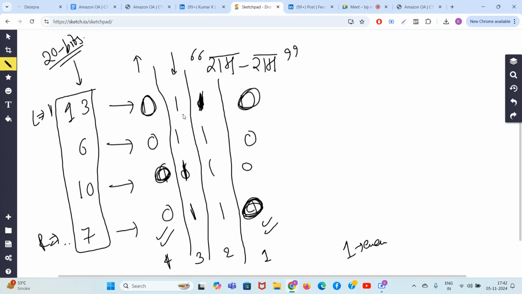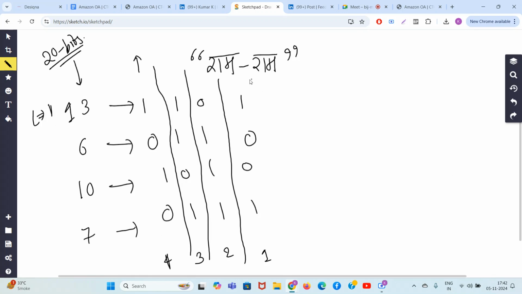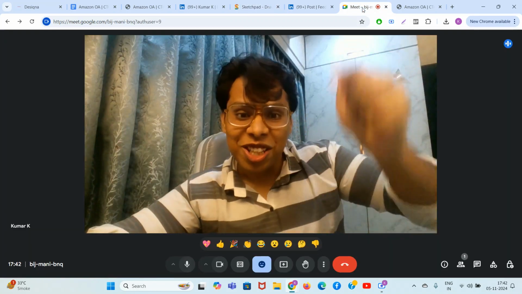So guys, what does it tell you? Calculate the number of ones in each row. Okay, so the solution is pretty simple. You just calculate the number of ones in each row.